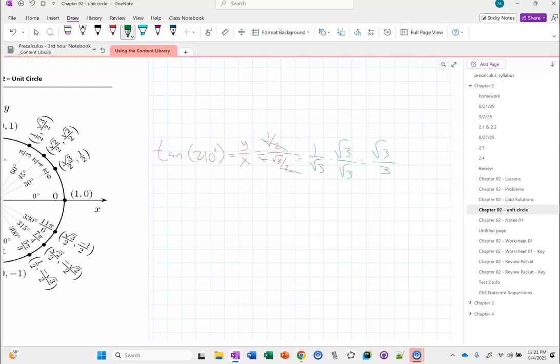I rationalize the denominator, and there's my exact answer. Notice I didn't have to draw any pictures. I did not have to use the Pythagorean theorem. I did not have to do any fancy geometry. I just had to read the numbers I needed off of the picture and plug them into a formula, and I'm done.